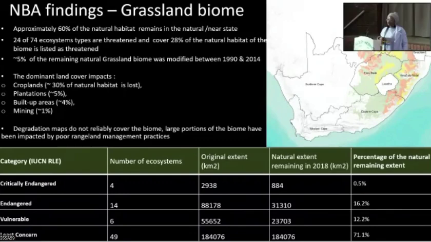Approximately 5% of the remaining natural habitat was modified between 1990 and 2024, which makes the grassland biome the second most impacted biome. The drivers of this change are largely croplands, covering 30%, as well as plantations.